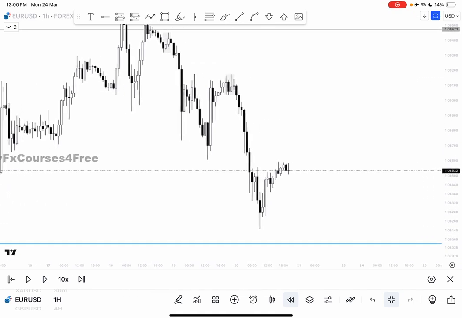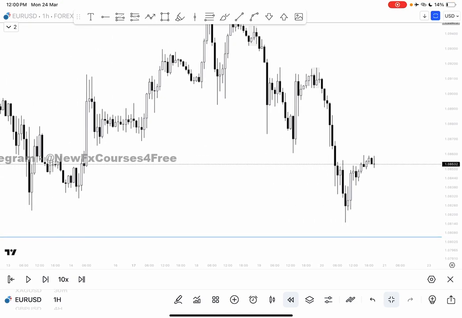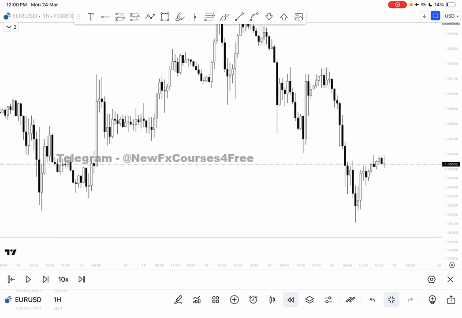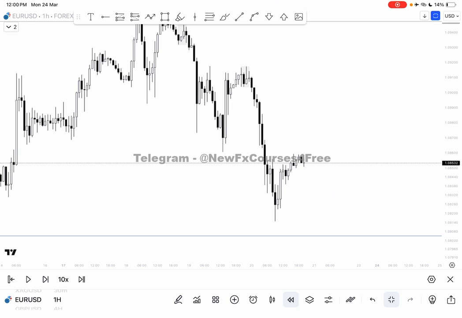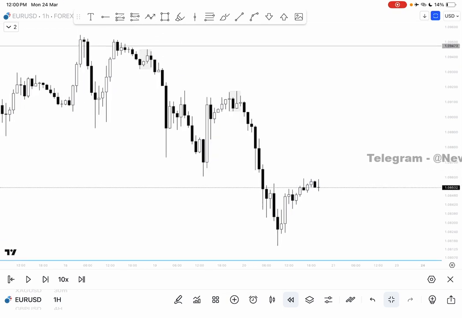So let me actually outline something real quick. The keys of death turtle soup with their London session circuit model. So remember, I actually told you guys draw on liquidities for previous trades can be used as key level. That's something no one has actually talked about or mentioned before.